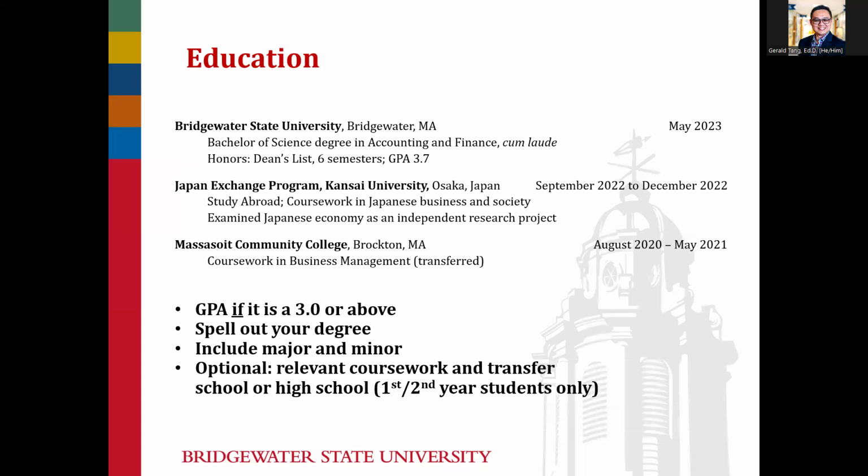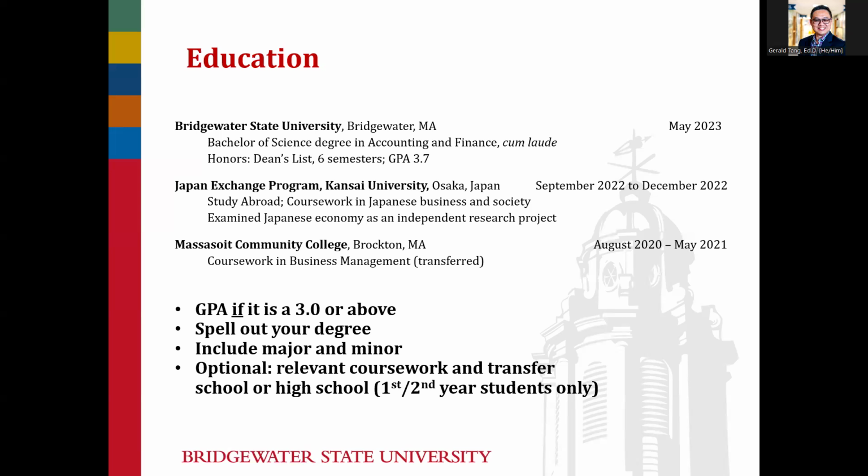The second part of your resume should include your education section. Education can be included in multiple formats, but keep in mind your format should be consistent throughout your entire resume. But in education, you should include Bridgewater State University, Bridgewater, Massachusetts, your graduation date, so your month and year, and also your degree type.